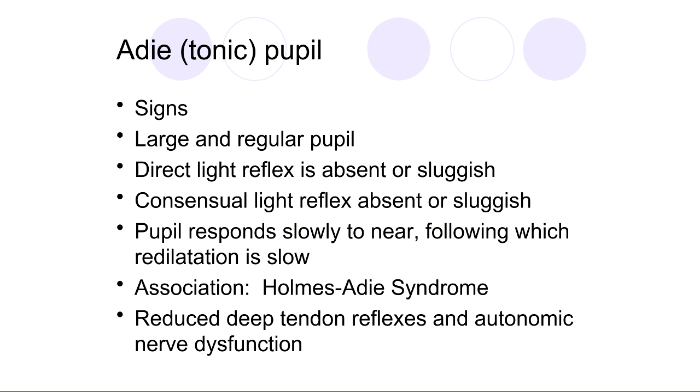The light reflex is absent or sluggish, and the consensual light reflex is also absent or sluggish. The pupil will respond slowly to near, following which redilatation is slow. They may have an association of Holmes-Adie syndrome, which is reduced deep tendon reflexes and autonomic nerve dysfunction.